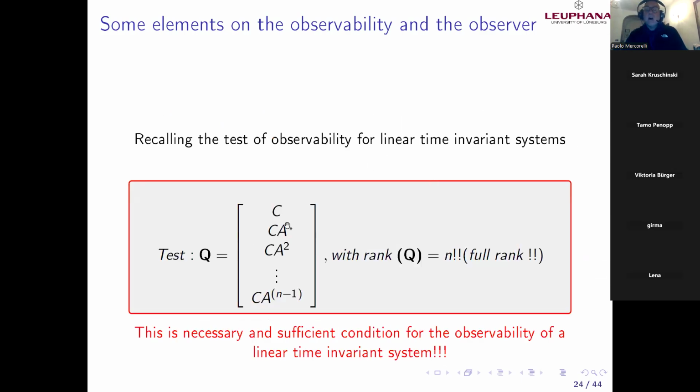This means we can understand that it depends on C, what I am measuring, but depends also on the structure of the system. And the structure of the system is characterized by the matrix A, the transition matrix, because the transition matrix A states the connection between the state variables. Of course, A squared, and so on.